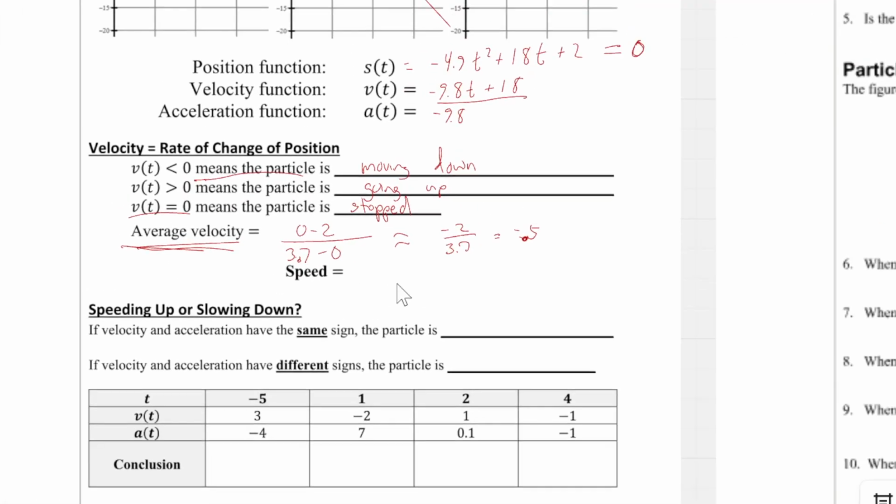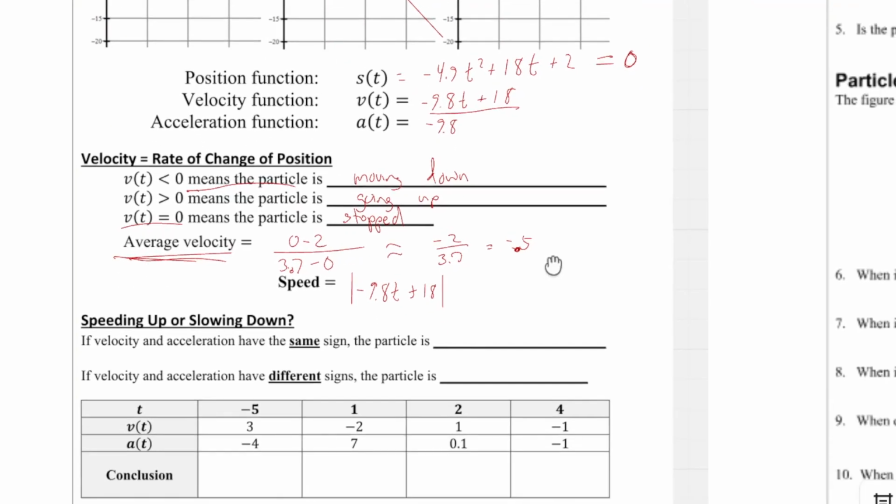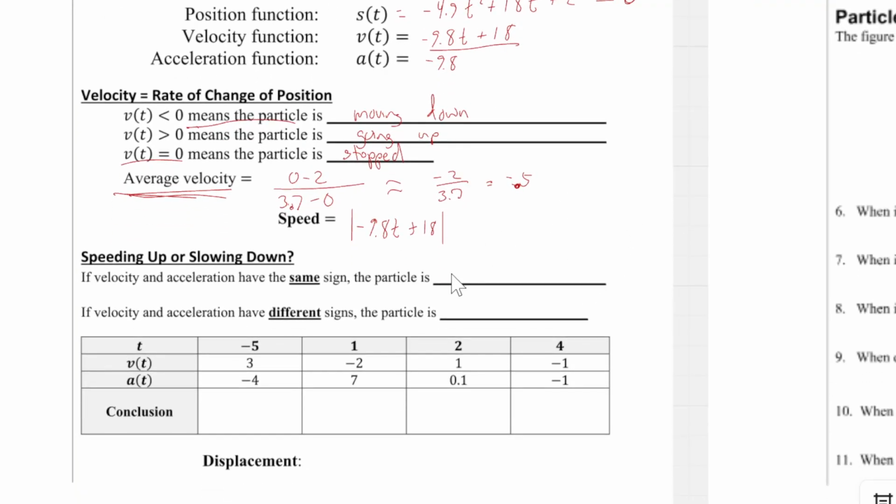And the speed is the absolute value of the velocity. That's just a thing. Speed can't be negative, it's just always positive. So even if the velocity of the ball was like negative 3 feet per second, the speed would just be 3 feet per second.